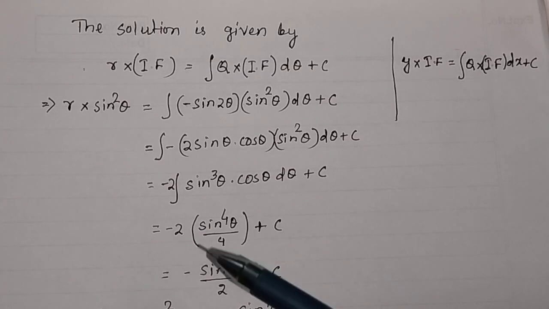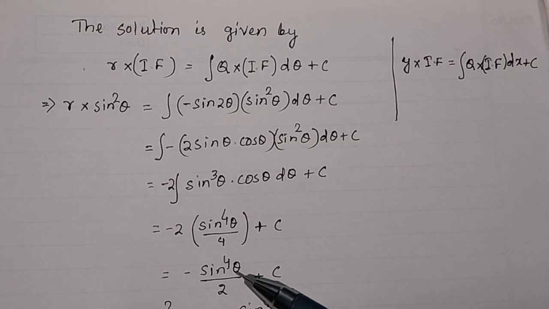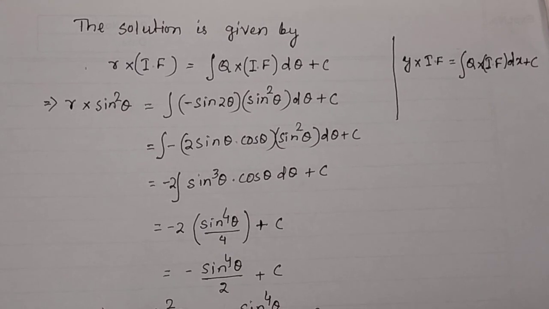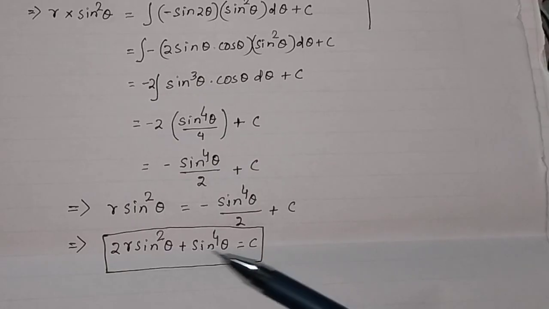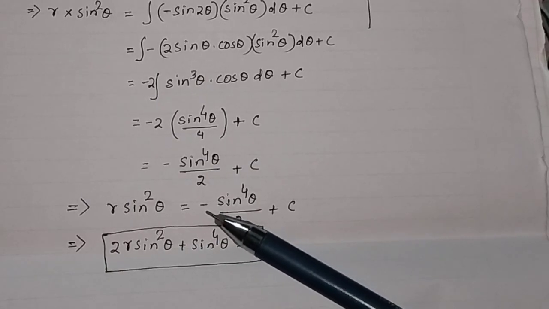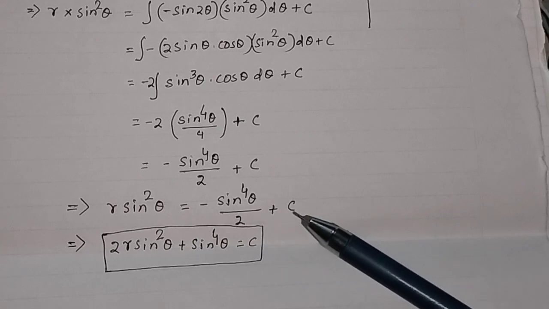So here you have 2 by 4, so this will be equal to minus sin 4 theta divided by 2 plus c. So if you solve the equation, this will be equal to r sin square theta is equal to minus sin 4 theta divided by 2 plus c.